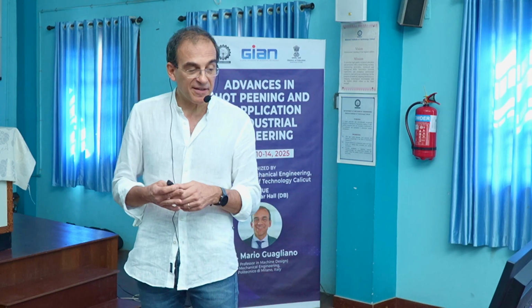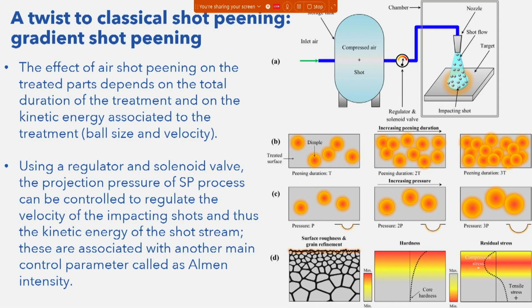The final result is associated to the total duration of the treatment. If we have a duration equal to, let's say, t, we will have a number of dimples of indentation here. If we double the time, the indentations will cover a larger area of the impact surface, and that's all.